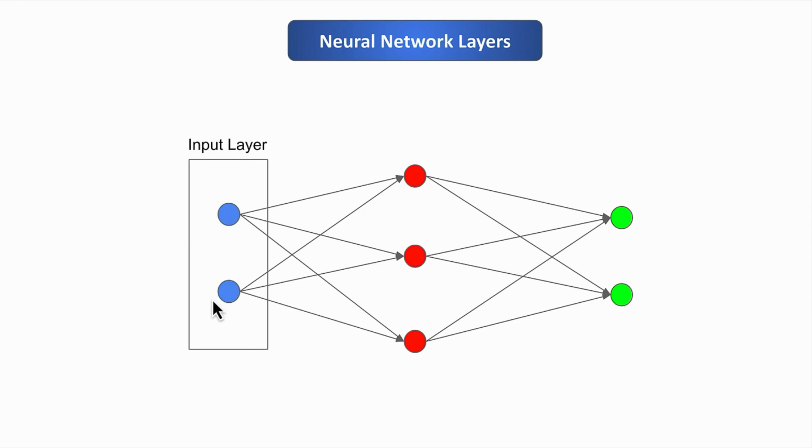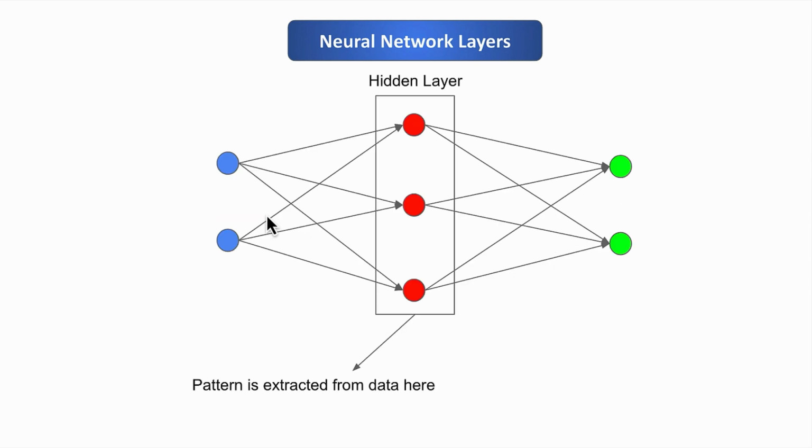As the name suggests, at this input layer we pass input data to our model for training. So let's say we want to train a machine learning model to predict the gender of a person based upon his height and weight. In that case, we are going to pass the height and weight of the person to our neural network at the input layer. So this is the first type of layer inside a neural network.